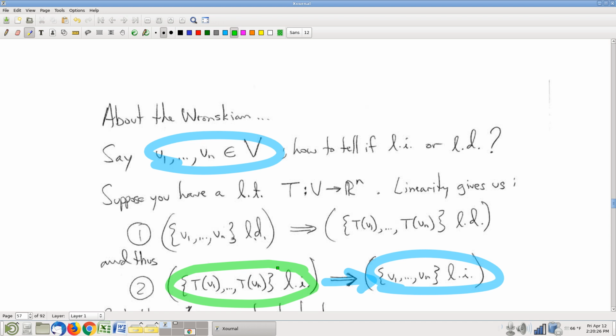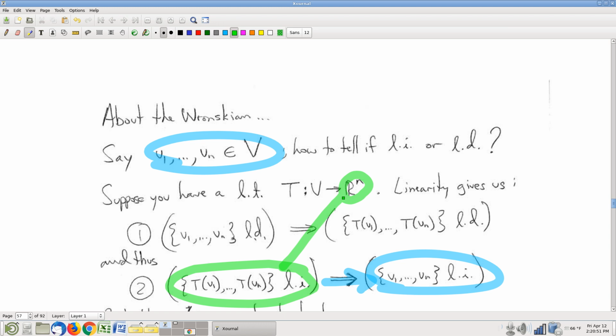Well, don't forget where these outputs live. This linear transformation that we started with, we were assuming that these are Euclidean. This is a Euclidean valued linear transformation. These are vectors in R^n. I have here a list of n vectors in R^n. This is a chapter 1 condition.